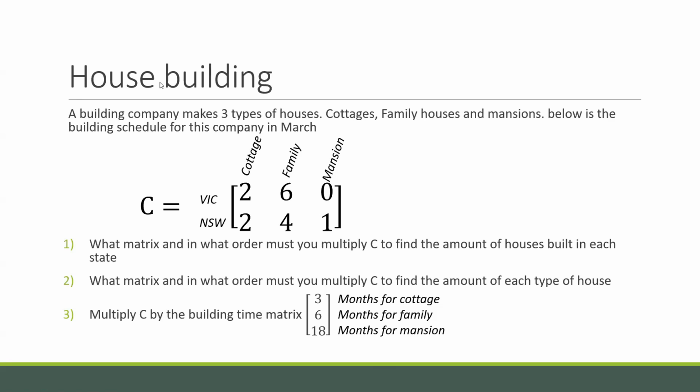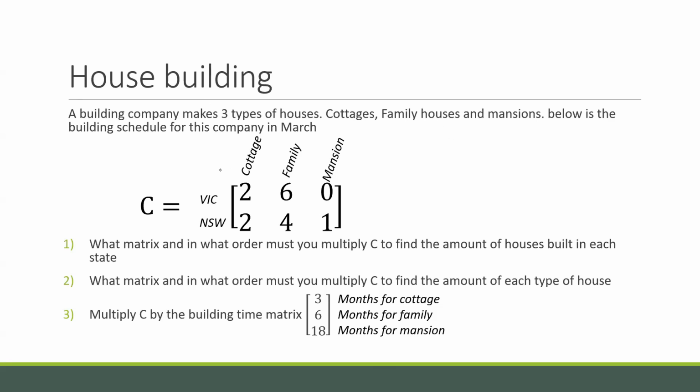Multiply by a column matrix is the first suggestion. Column 3 by 1. Okay, so we would multiply by a column.